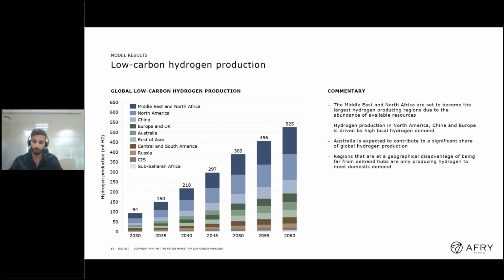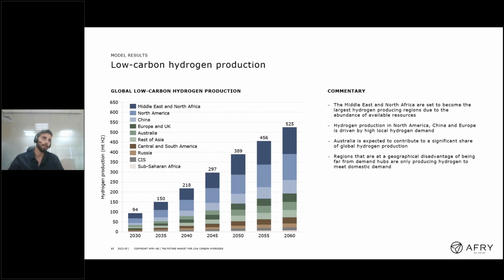And this is mainly due to several factors, one of them being the low production costs in these regions. And then there's the large availability of both resources, such as natural gas for blue hydrogen production, and land area for renewables deployment. And in that specific case, mostly solar PV and electrolysis.